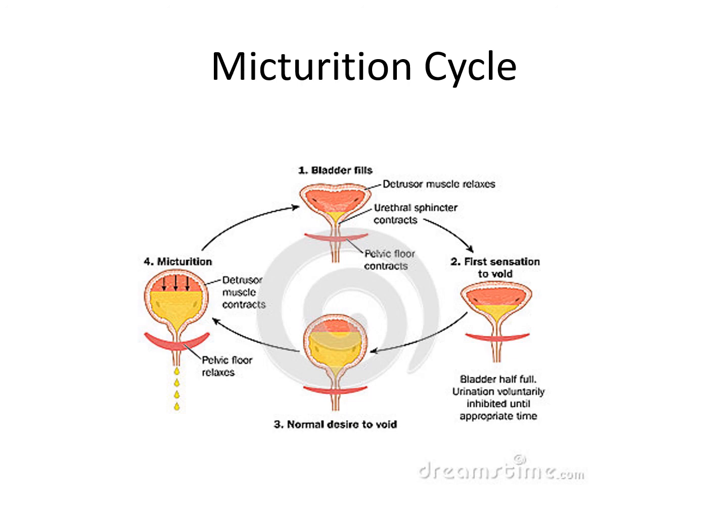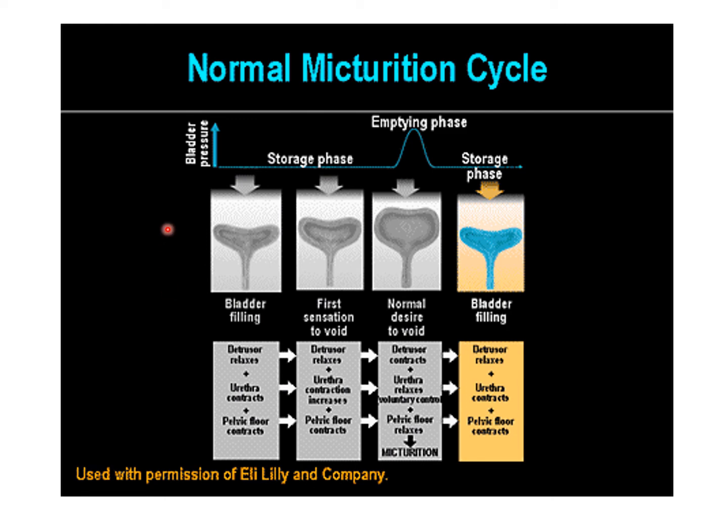So these are the phases of the micturition cycle. The bladder filling phase and bladder sensation to void make 2 phases: first sensation to void and intense sensation to void. Then there is the normal desire to void, or micturition. During micturition, the pressure in the bladder becomes very high.